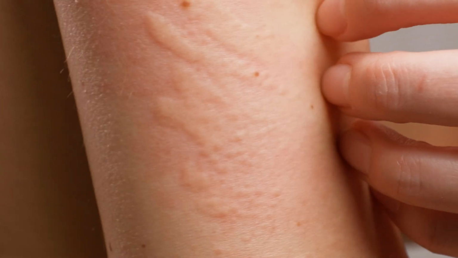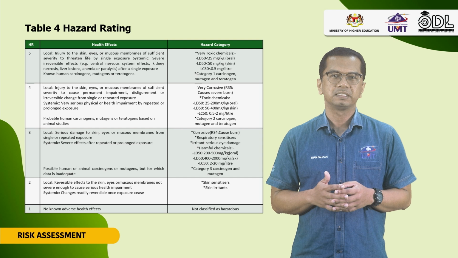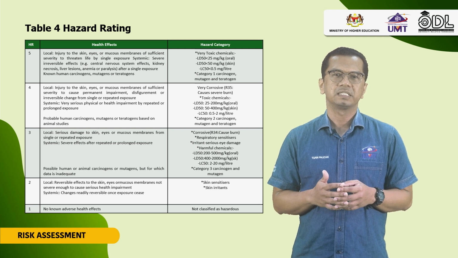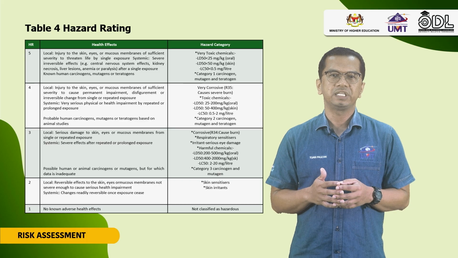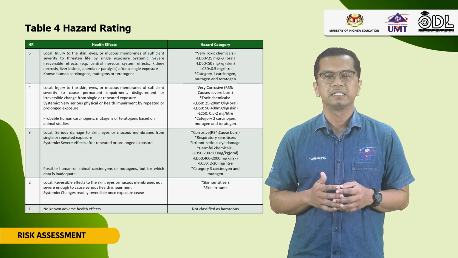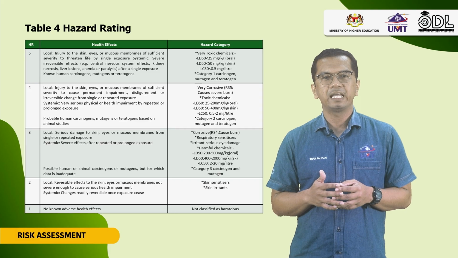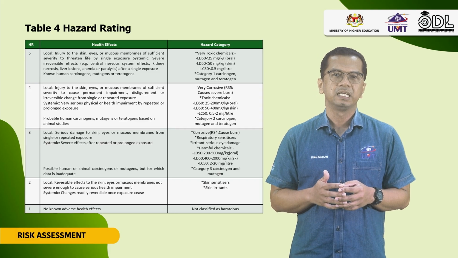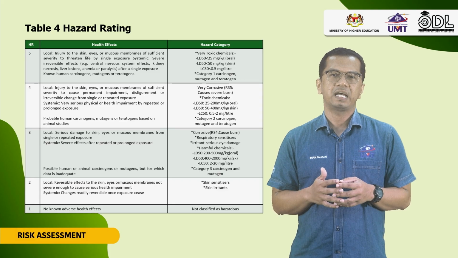This may involve corrosive chemicals or harmful agents with moderate toxicity. At level 2, the effects are generally reversible, such as mild skin irritations or changes that resolve after exposure ends. Level 1 is assigned to substances with no human adverse health effects. These are not classified as hazardous.